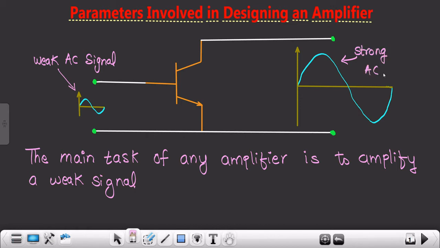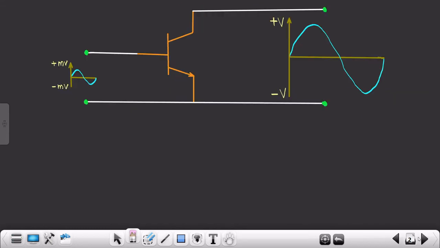I hope you understood what exactly an amplifier is and what it does. Basically, it converts a weak AC signal into a strong AC signal. Great. Now we'll move to the parameters involved while designing an amplifier.